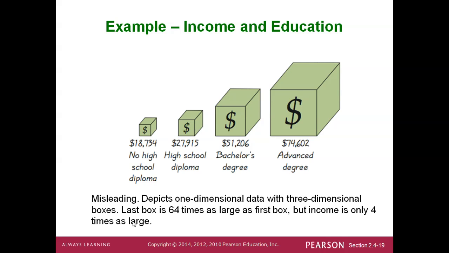That last one is only 23,000 more than the one before it. It looks a lot bigger, right? So pictographs can always be very, very deceiving, because if we didn't have these numbers here telling us this, we wouldn't be able to tell that.